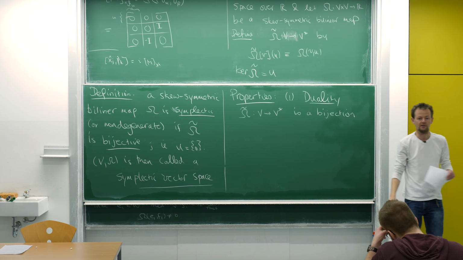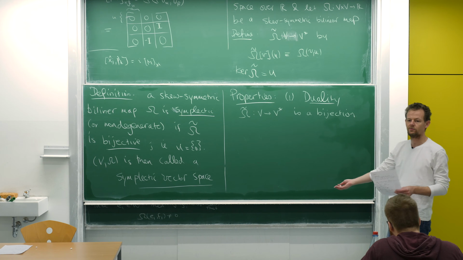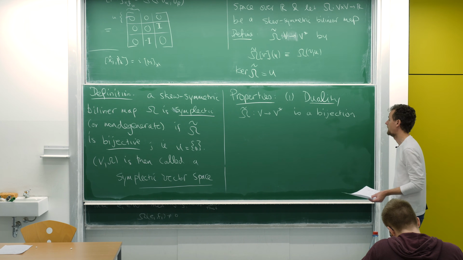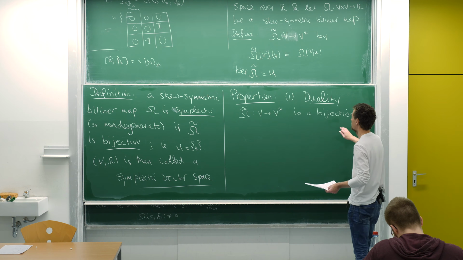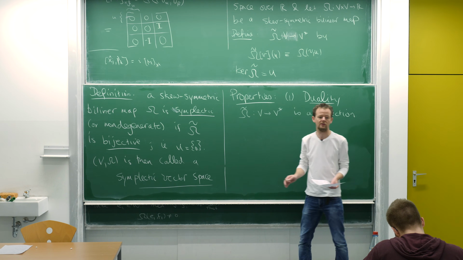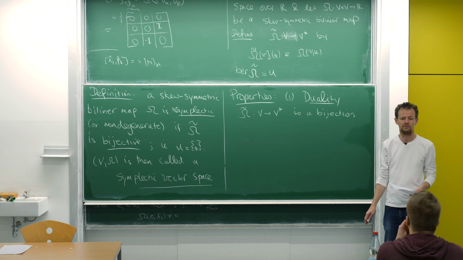This is a bijection. Just as an inner product tells you how to relate V and its dual, so does a symplectic map. It gives you an identification of V and its dual, which you can then exploit in many of the ways that you would exploit an inner product.